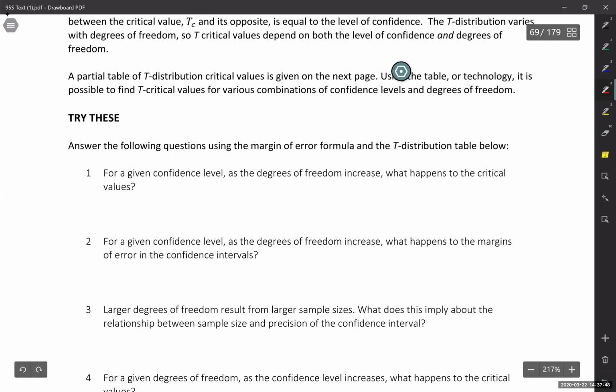For all these questions, we want to be using that table. Maybe you looked at these questions and weren't sure what they were asking and didn't answer them. I encourage you, if you haven't answered them yet, to pause this and go look at that T distribution table to answer these questions.